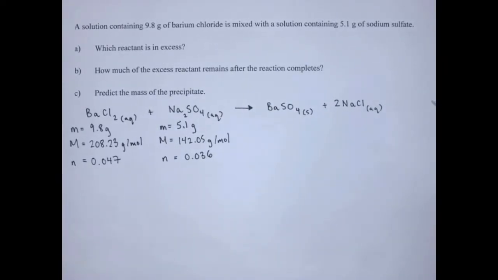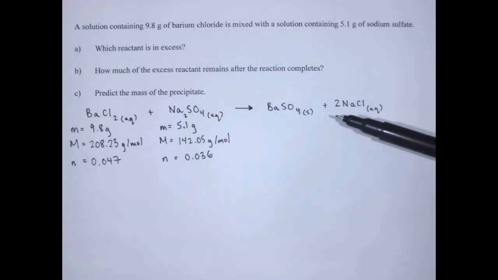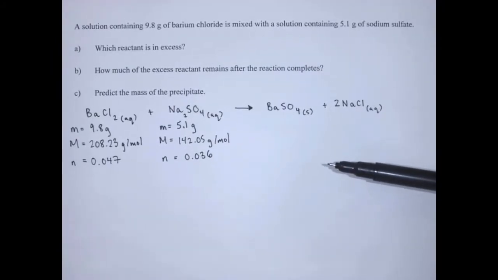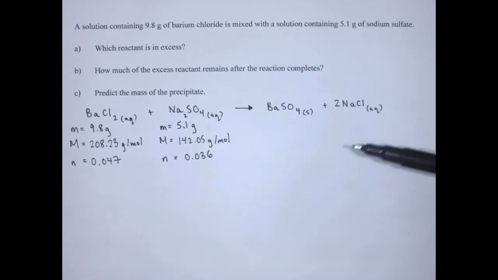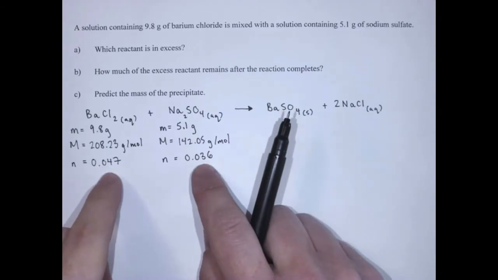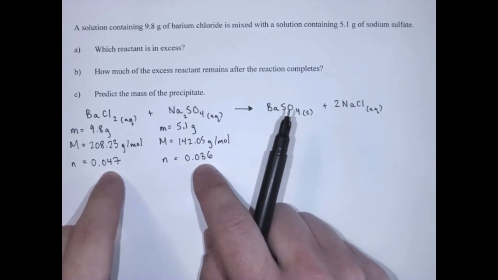All right, so what is the limiting reactant in this case? Well, to determine the limiting reactant, you need to be able to look at the mole ratio and figure out how the calculated moles that you have of each fit that mole ratio.